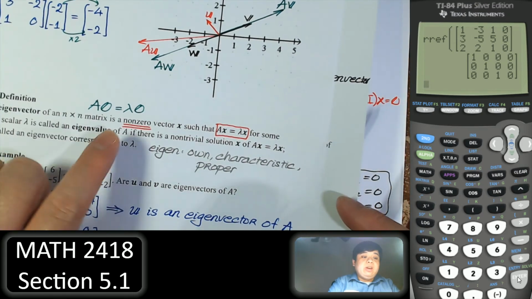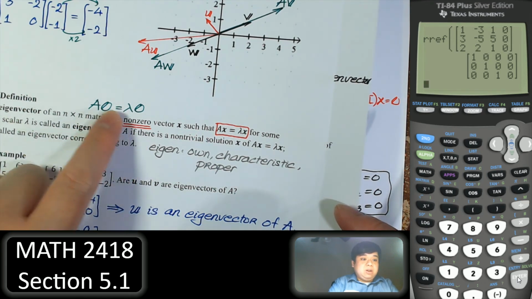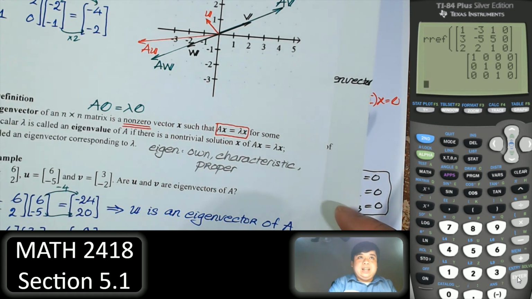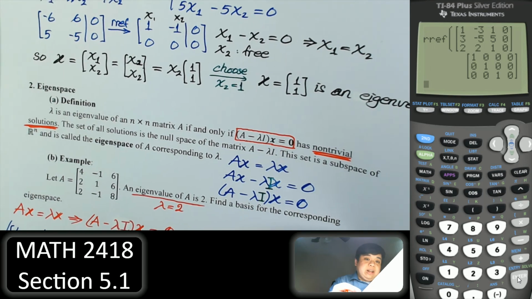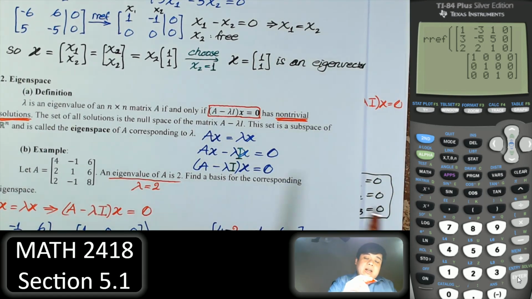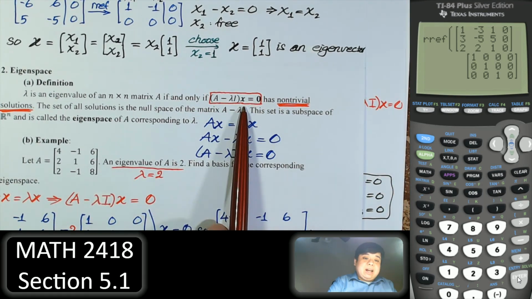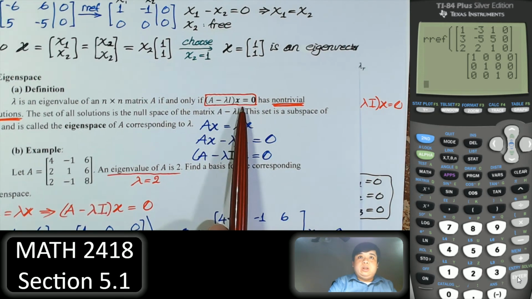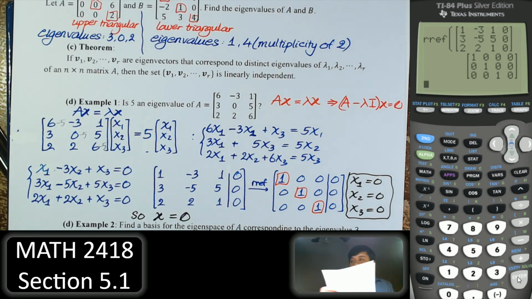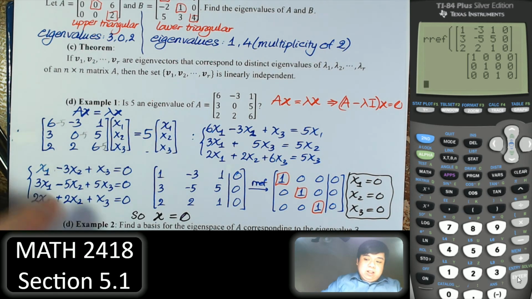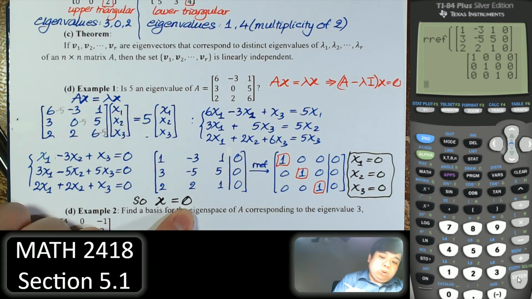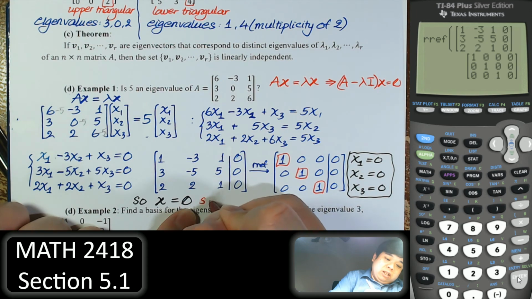In the first definition, we have a non-zero vector because the 0 vector always works for any lambda. So the 0 vector cannot be an eigenvector. And if we solve that, it has to be a non-trivial solution once again. Here x equal to 0 is the only solution, so there's no eigenvector, so it is not an eigenvalue.